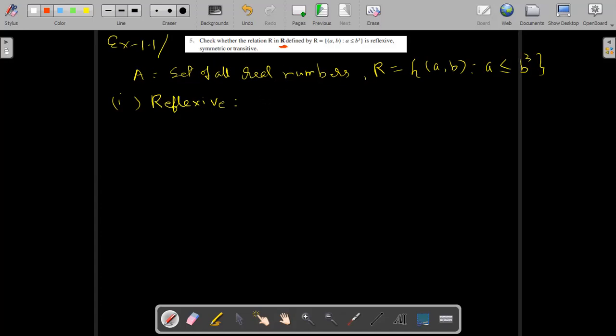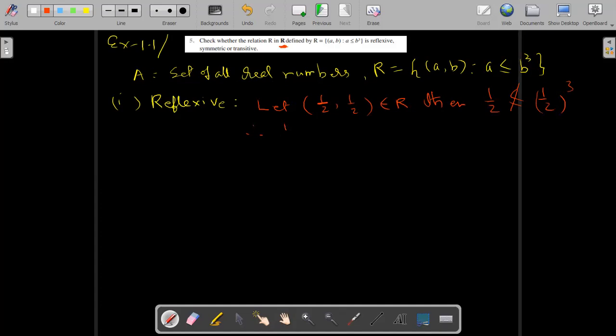So let (1/2, 1/2) belong to R. Then 1/2 is not less than or equal to (1/2) cube.